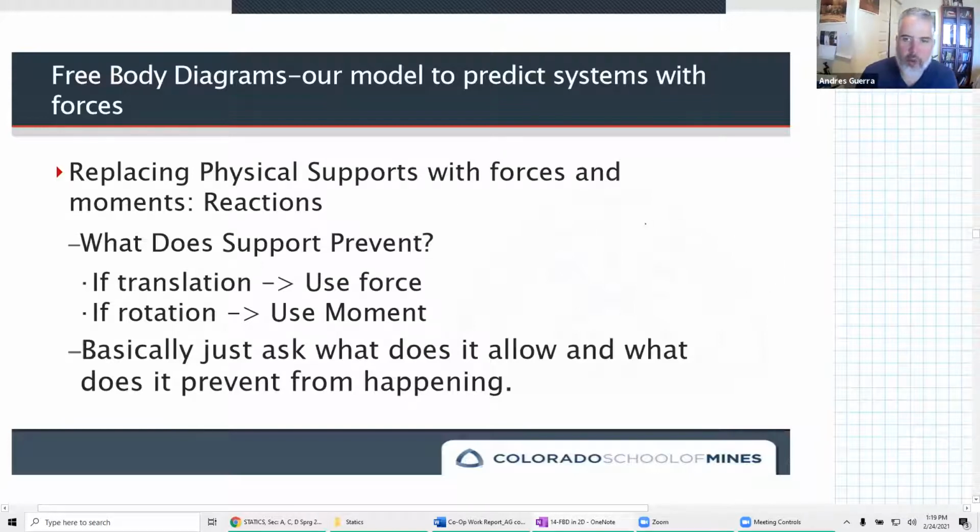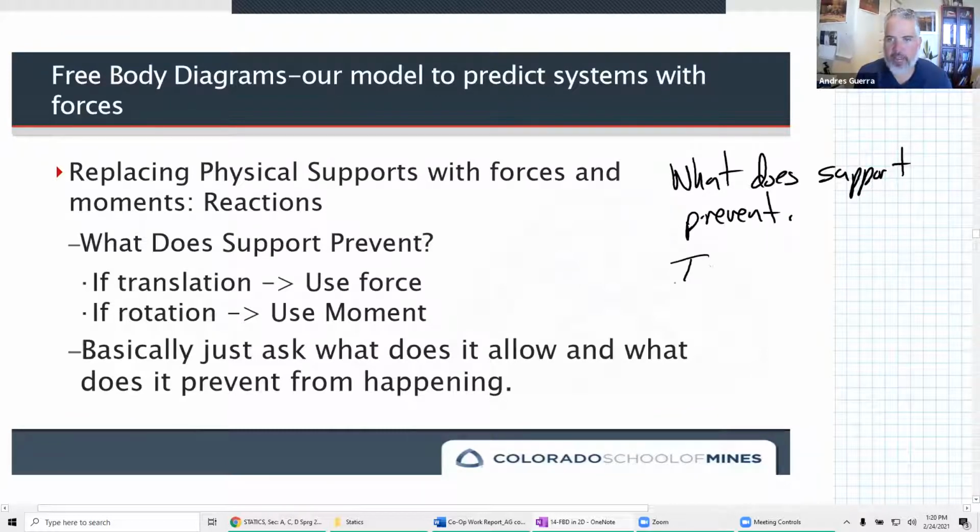So let's write this down. What does a support prevent?